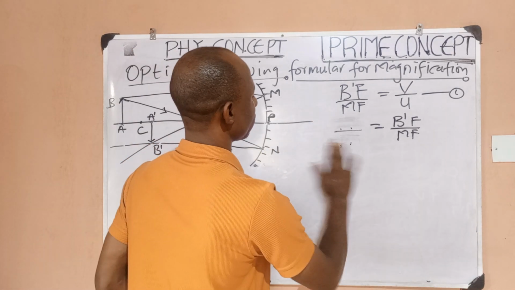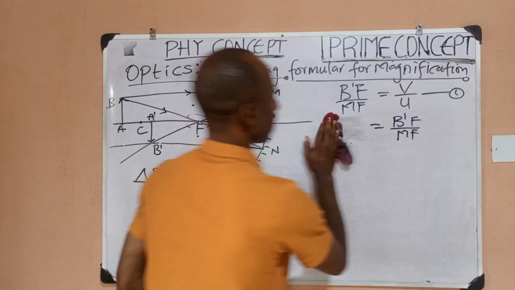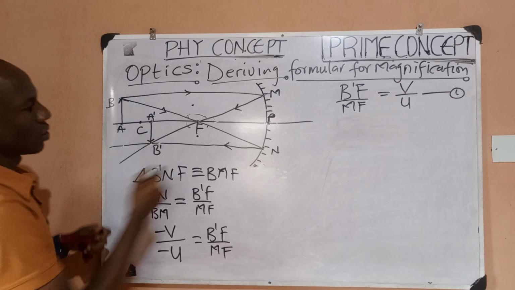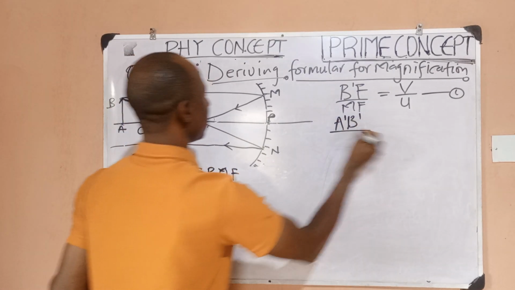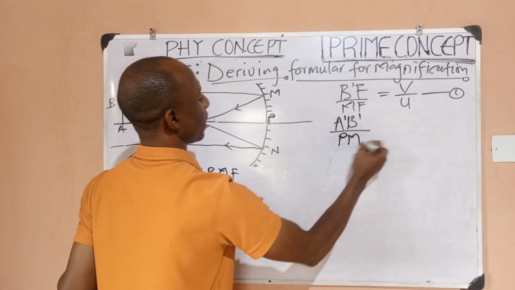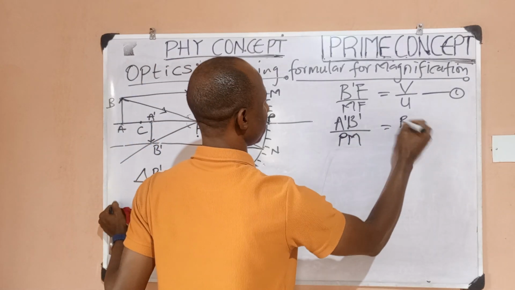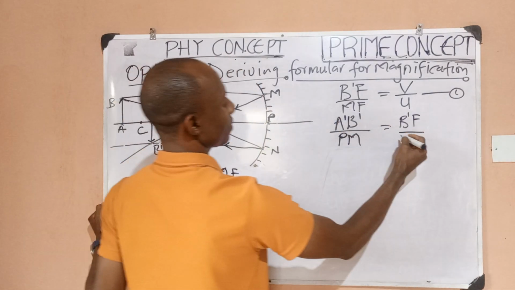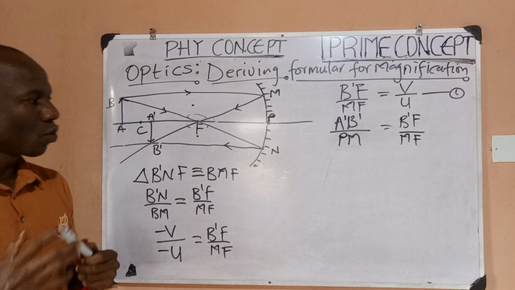Sorry, because I want to get the heights, I won't be doing this. I'm trying to compare with height. So let's use this height: A prime B prime to PM should be equal to B prime F to MF. So check it, it should be equal.